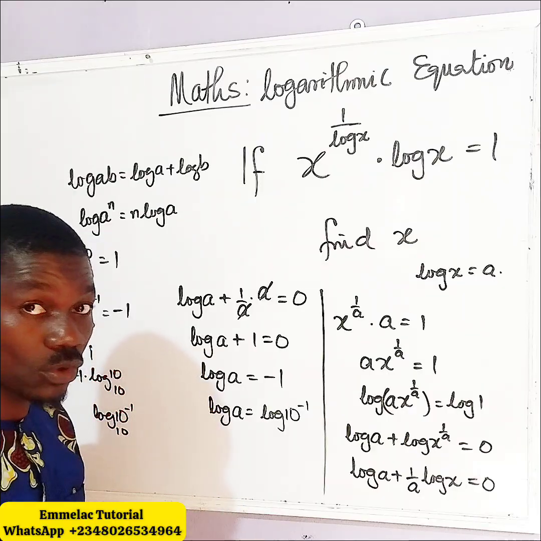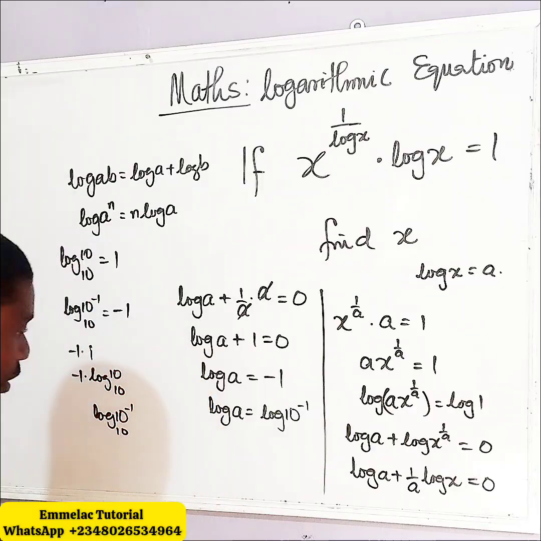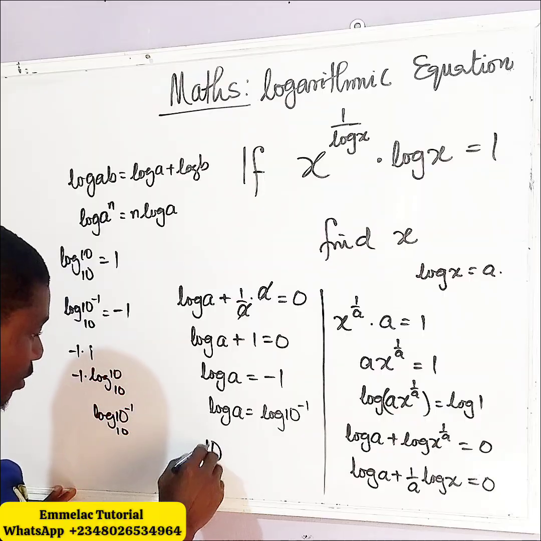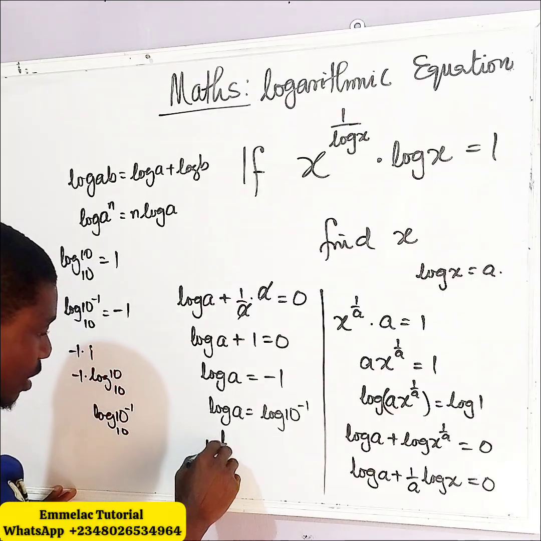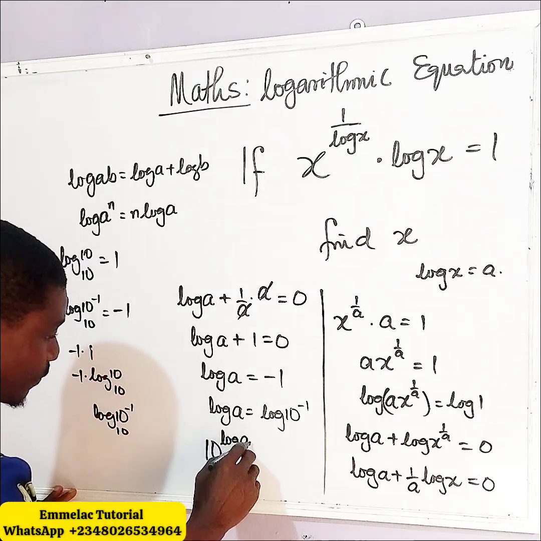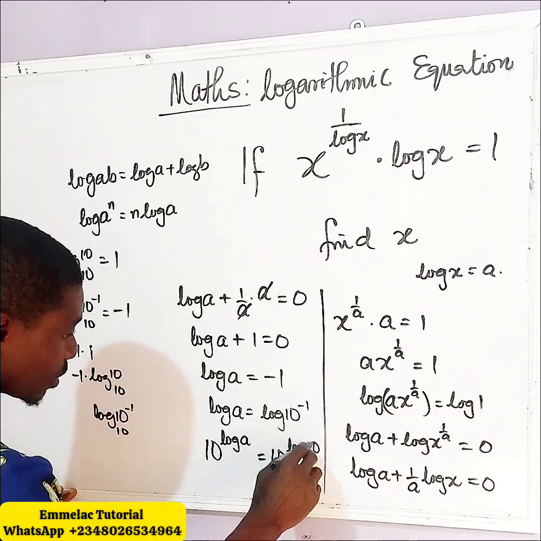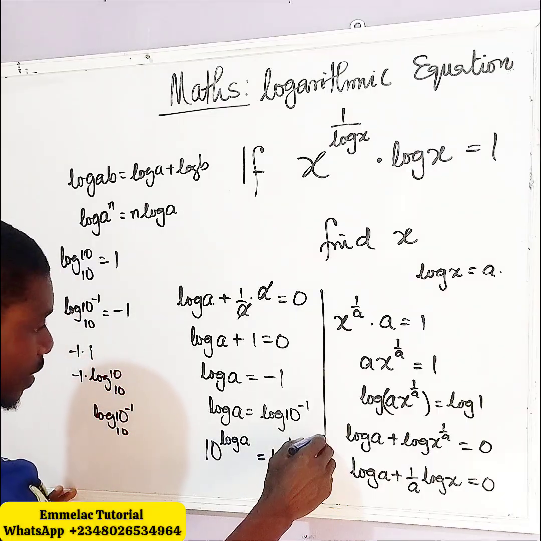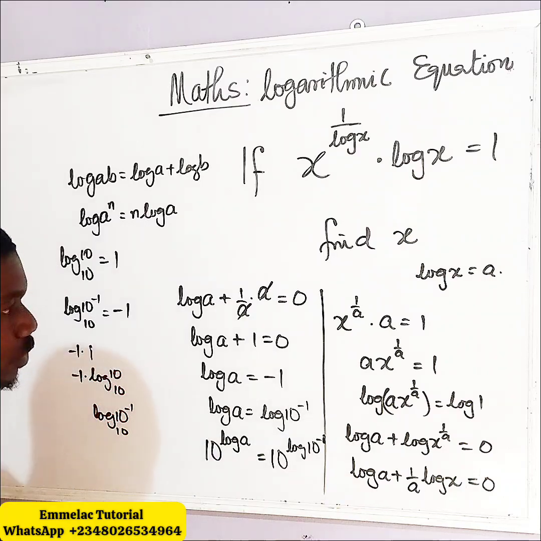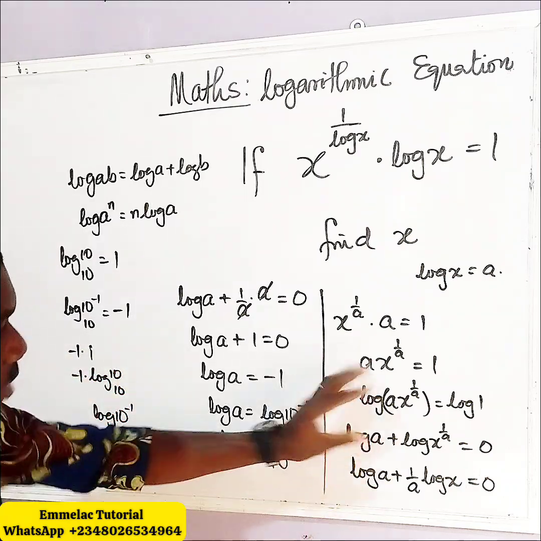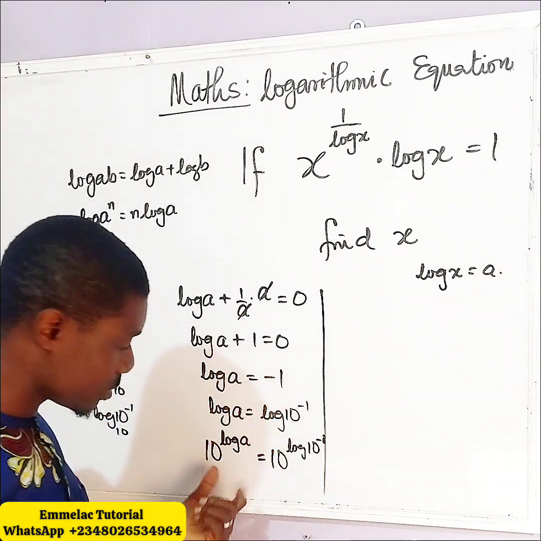To undo any log, we raise it to base 10. So which implies that here you have 10 raised to the power of log a, then equals 10 raised to the power of log 10 to the power minus 1. Alright, so let me clean this. You might be wondering why I did this.